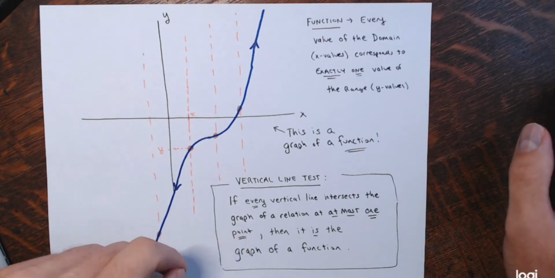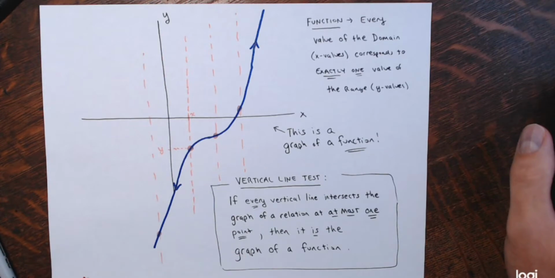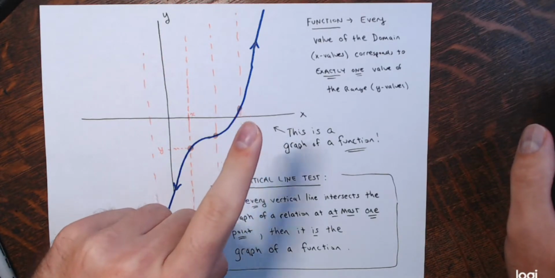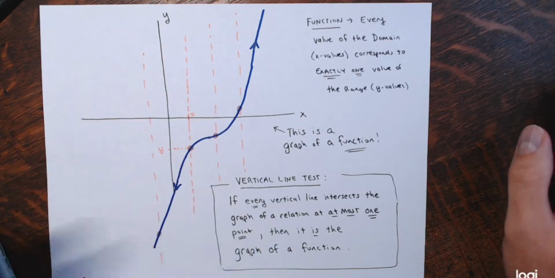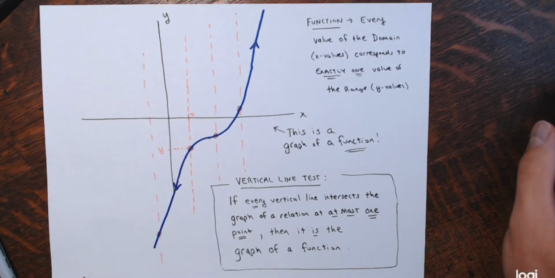But for a graph to not be the graph of a function, you only need to find one vertical line that hits the graph more than once. If just one vertical line hits the graph more than once, then it's not the graph of a function. And I'm sure we'll see examples of that.